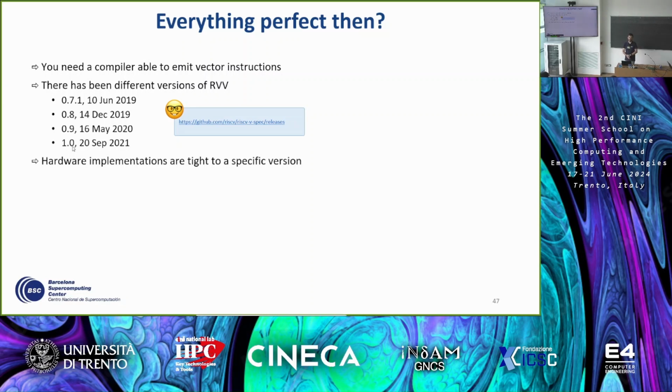I think we are suffering because we were too enthusiastic with 0.71. When we started developing with 0.71, we knew that a committee was working on the ratification of the following versions. So we knew this would happen. Yes, we were aware.